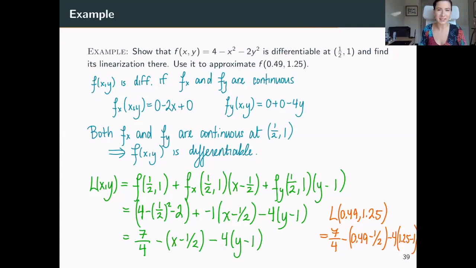But for me, leaving this in a calculator ready form is fine because I'm lazy. So again, just to emphasize what's going on here, I have my tangent plane. So if we want to draw out that tangent plane, so here's my plane. I'm looking at the point given by 1/2 comma 1.